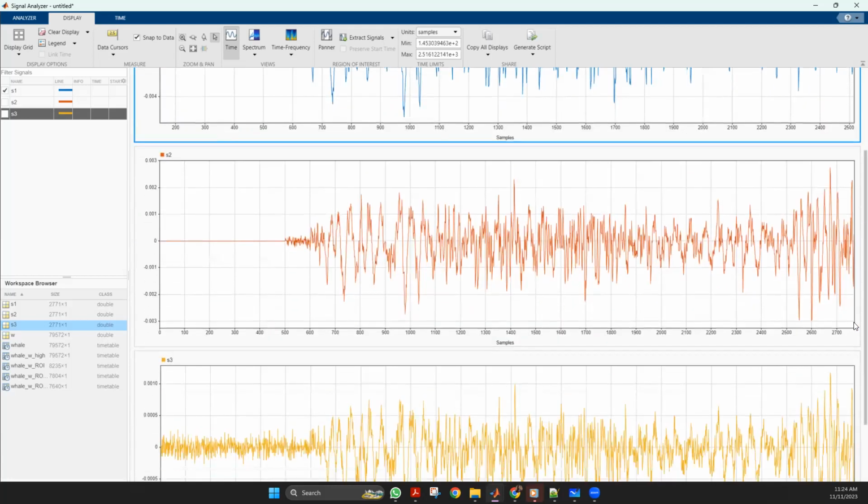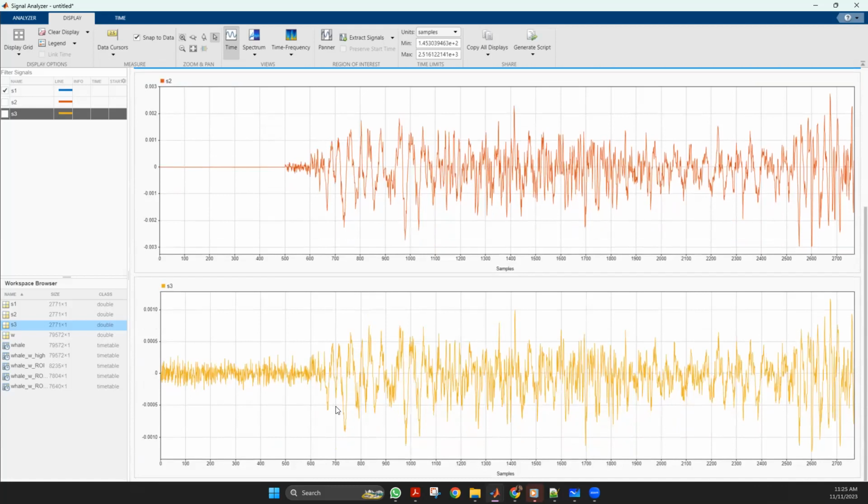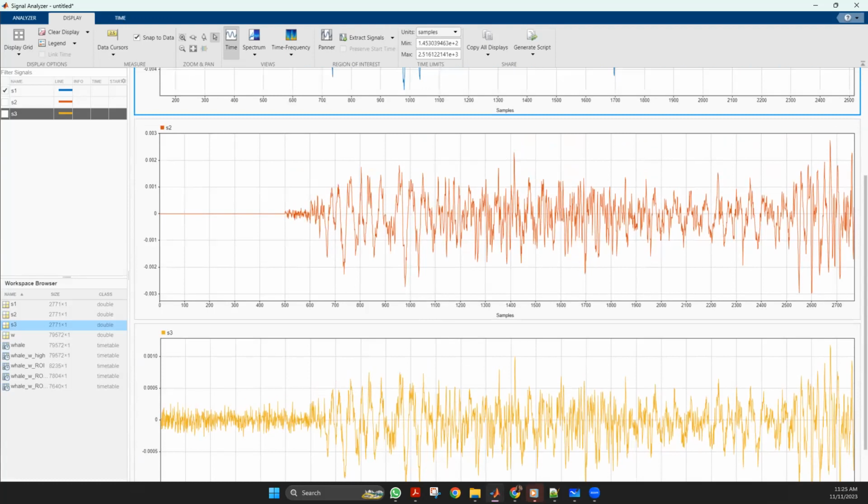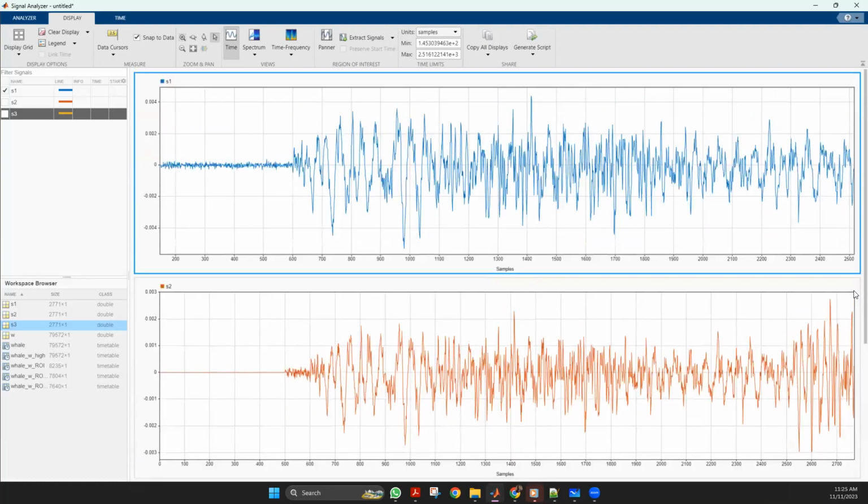The variation of the amplitudes can be within a certain range, and the peaks can occur at certain time instances. The sensors have been located in different locations, I hope you can understand that.